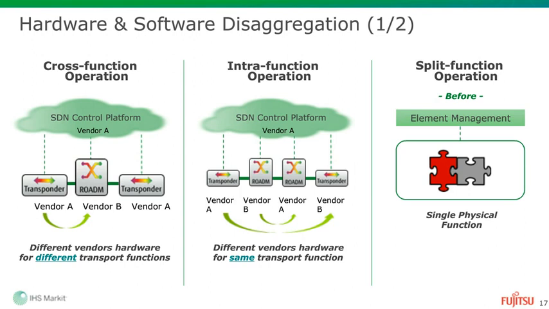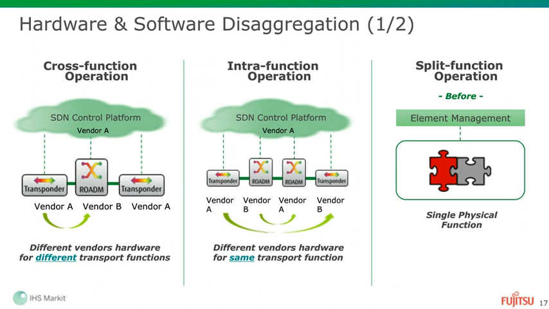The other area which is most interesting is the split functional operation with SDN control. This is where you take a particular function and you split that function up, and the function is split between both the virtual and physical layer, where you take the actual core function, you break out a commodity part of that function that is then commoditized either via hardware, physical hardware itself, or virtually through a virtualization function going forward within the network.